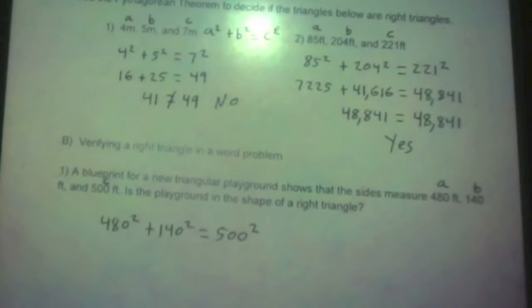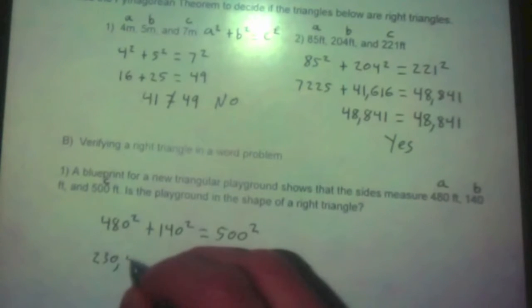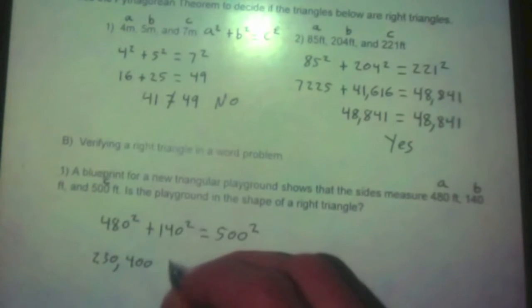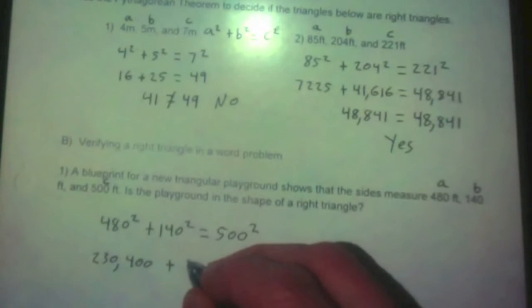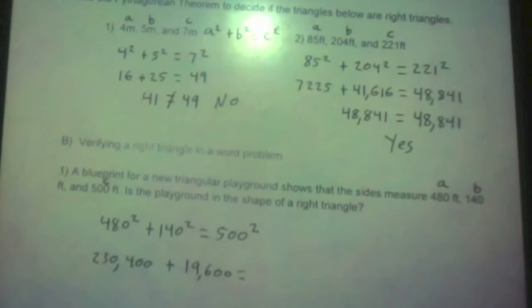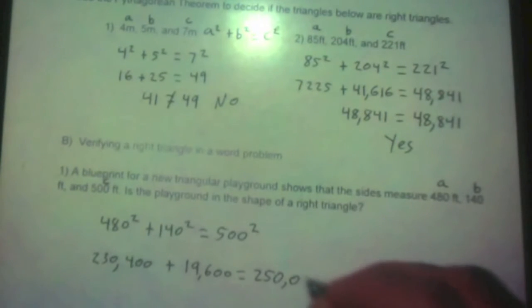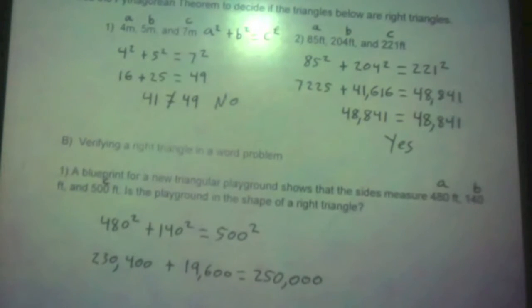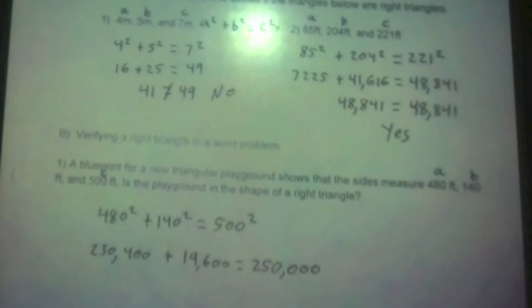All right, so we're going to see if that actually comes out and if it's true. So 480 to the power of 2, that's going to get us 230,400 plus 19,600, and that'll equal 250,000. All right, we're going to see if that does actually equal that.